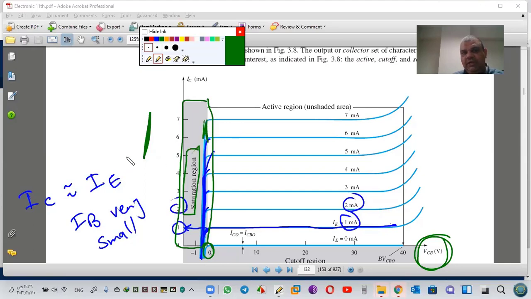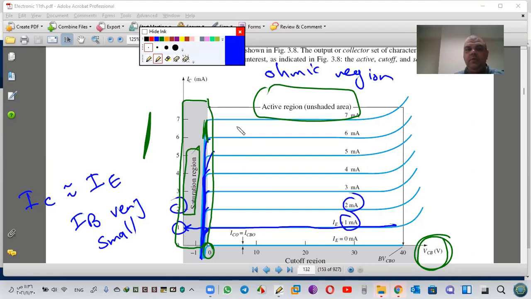I will explain saturation later. This area is called the active region or ohmic region. The last region here is the cut-off region, no current, 0. So as output we have the cut-off region, that means when IE is 0, the active region, and the saturation region.